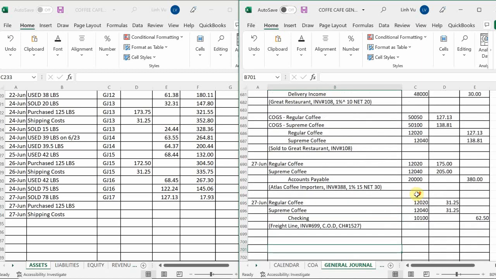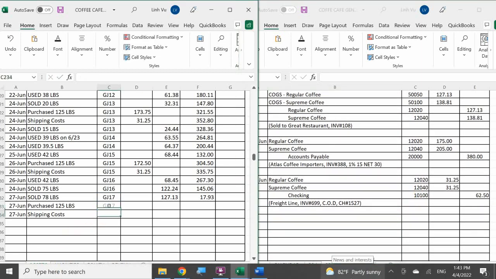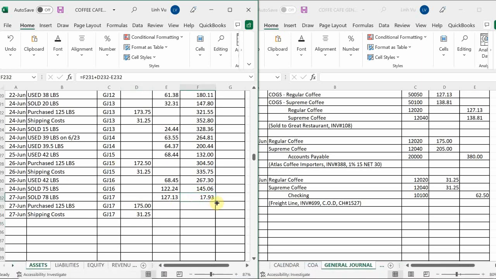Still on page 17. So we got one for 175 and then we have $31.25 for freight. So what is my grand total inventory balance in my regular coffee? 224.18. Excellent. Okay.